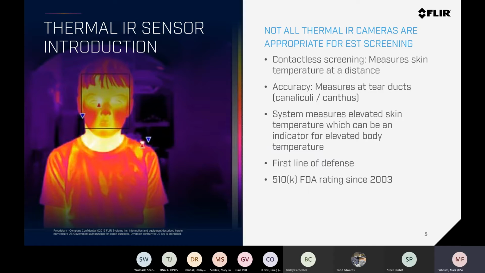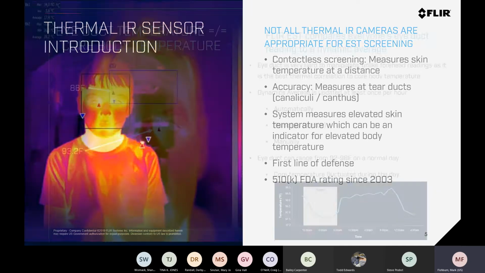They're specially designed so that when we click the software over to elevated body temperature, it looks at the inner eye duct, otherwise known as the canthus, where your eyes come together. It's obviously a first line of defense. It's not the be-all end-all, but it does let us know right up front that we have somebody who could use additional screening. And like I said, we did get the 510(k) approval back in 2003.